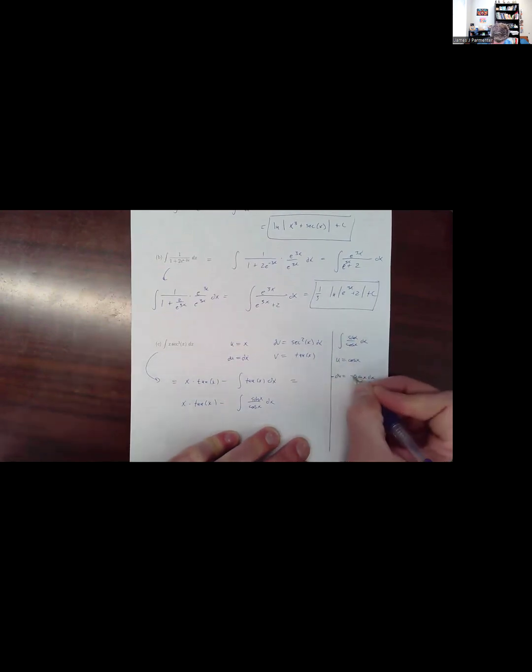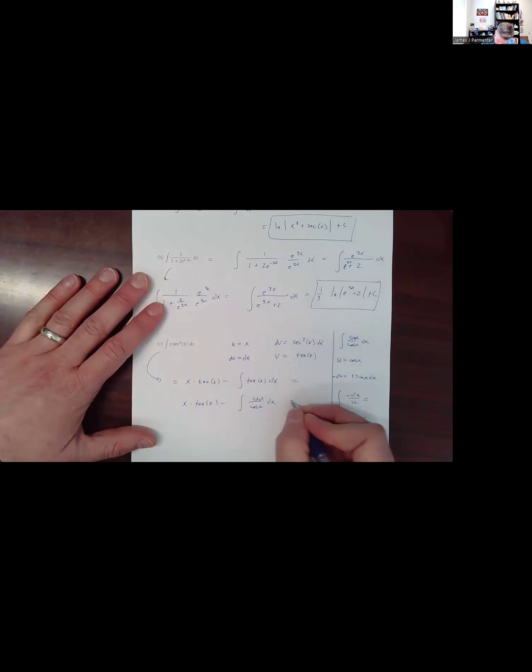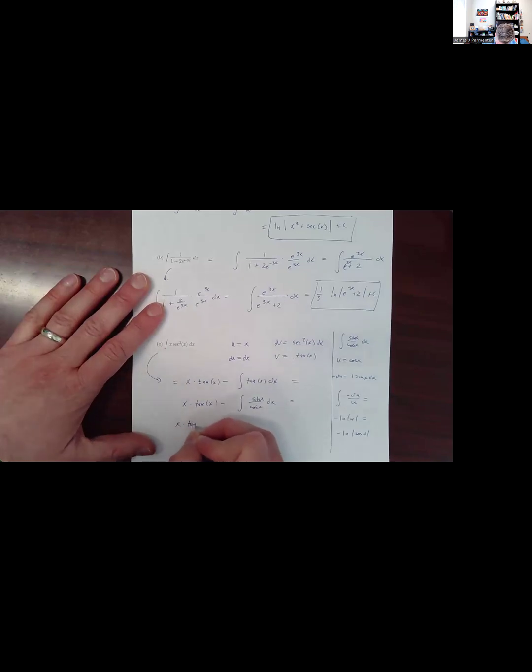The negative du equals positive sine x dx, so this becomes the integral of negative du over u, which is negative natural log of the absolute value of u, which is negative natural log of the absolute value of cosine of x. This ends up becoming x times tangent of x minus negative natural log of the absolute value of cosine of x. So the minus the negative became a positive, if that wasn't clear. All right, let's look at problem 8.